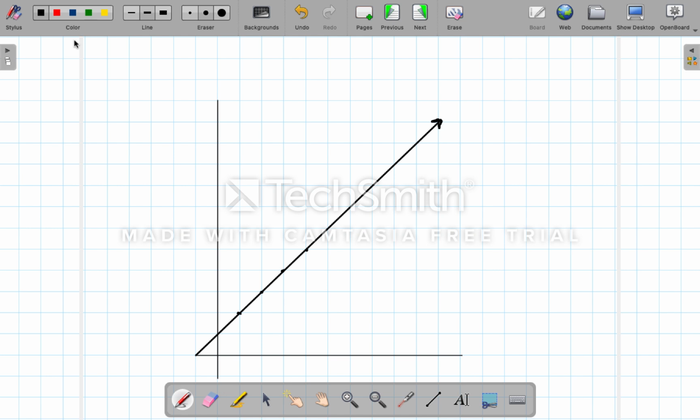Now when we're switching our x and y values, that's the same thing as flipping over the y equals x line. So right here's our y equals x line. That is when y is 0, x is 0, when x is 1, y is 1, all the way through to infinity.